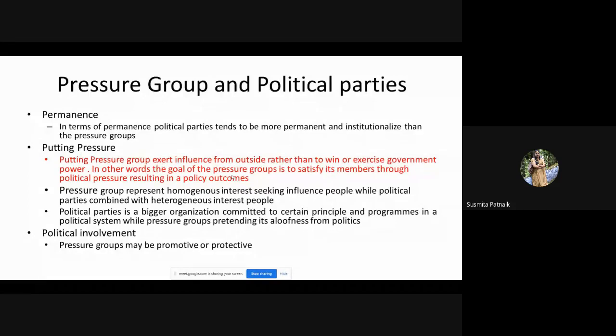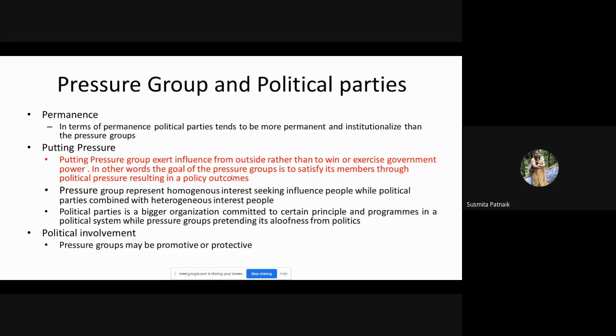Whether the party is in power or not, the political party should be there in the legislature. So it is permanent. The political parties are permanent in their level.